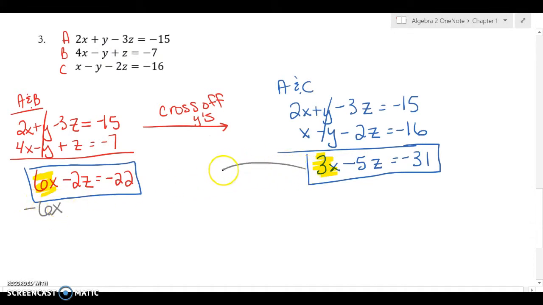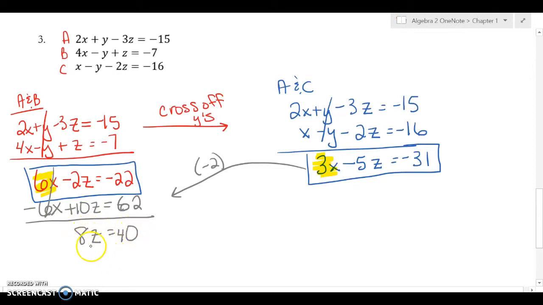And so when I bring it over, I'm going to multiply everything by negative 2. So I get negative 6x plus 10z equals positive 62 because I multiplied by a negative. Now my x's are gone, and I get 8z is 40, and so z is 5.